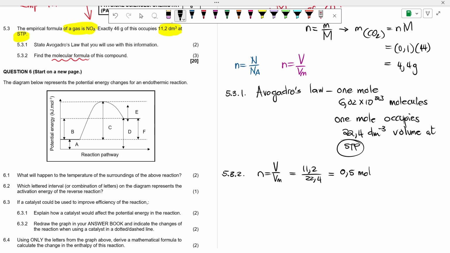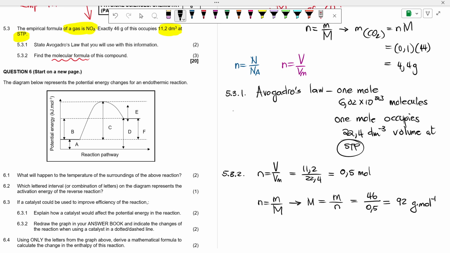So I guess we can just find the molar mass. Yeah. The number of moles is mass over molar mass. This means the molar mass is mass over number of moles, which is 46 over, we have the number of moles, 0.5. Then what do we get? We get 92, or 92 grams per mole, because that's the molar mass.